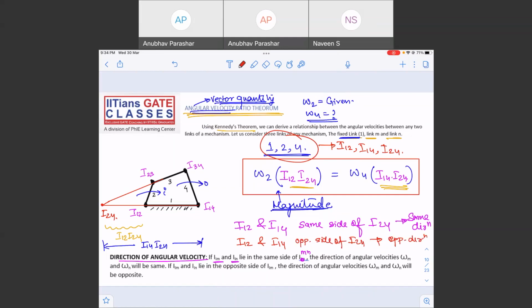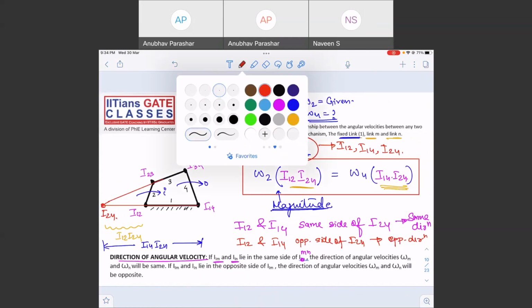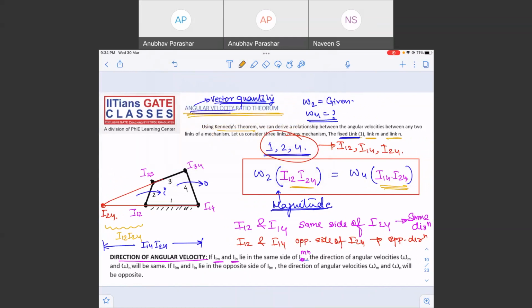For example, if you see here, this is I24. Both I12 and I14 are on the same side of I24.